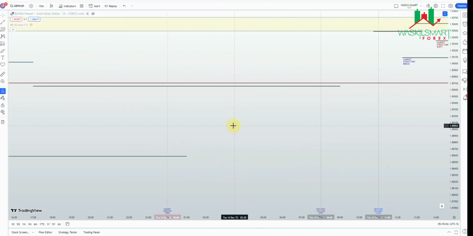On this strategy, our major focus is the market structure, but the institutional aspect of it is that for you to trade this strategy, you have to understand why the market has to do what it wants to do. This responsibility is on your own shoulder. Maybe on the higher time frame, the market traded into a fair value gap or an order block, or took out liquidity.